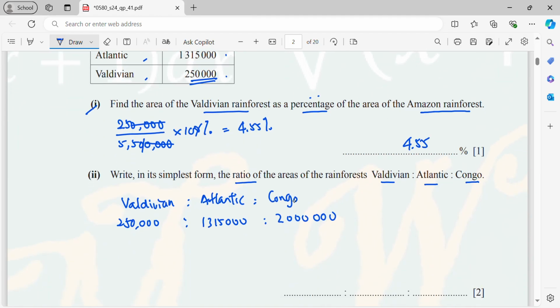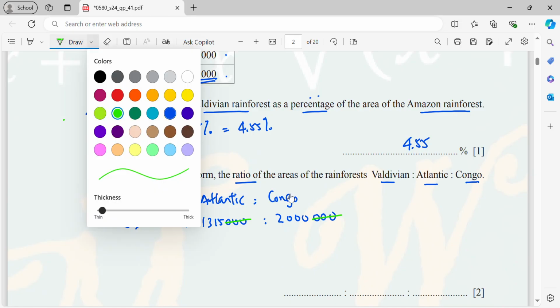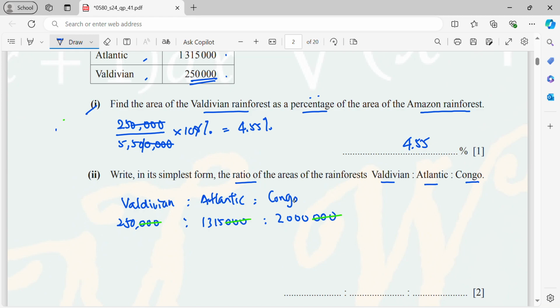From here, I can cancel 3 zeros from all the terms. That means now you will be getting 250 ratio 1315 and then ratio to 2000.